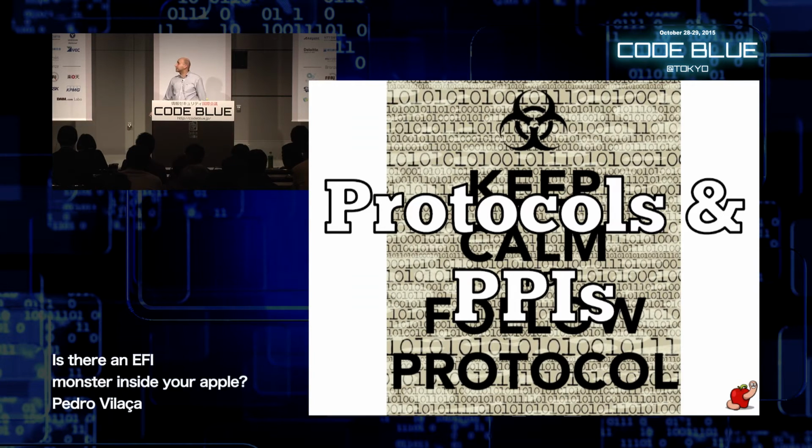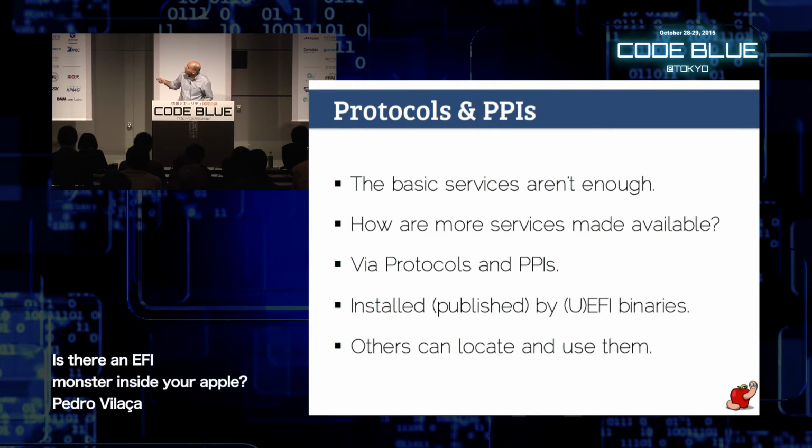Protocols and PPIs, the last thing on this. As I told you, there are basic services, and those services don't allow you to do a lot of things. But EFI is very modular, and protocols and PPIs are what make it modular. What happens is you can put in a binary that makes more services available.